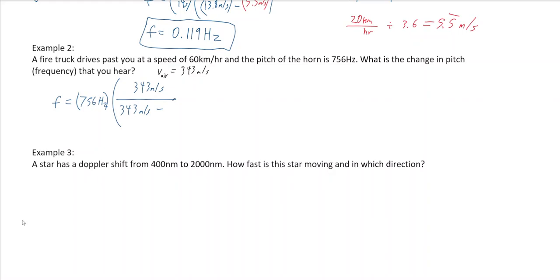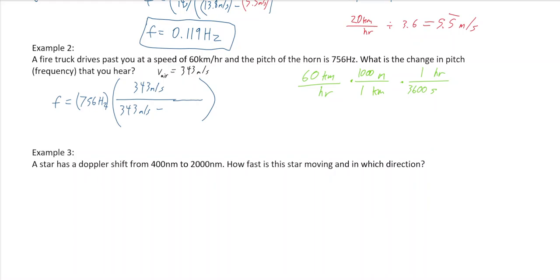And then we're going to subtract the speed that the fire truck is actually moving. So keep in mind this is moving at 60 kilometers per hour. So just like the last question, we need to get it away from kilometers and hours and get it into meters and seconds.